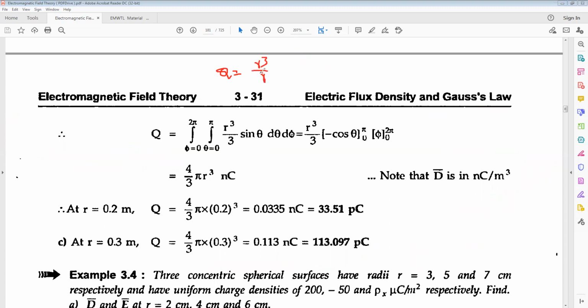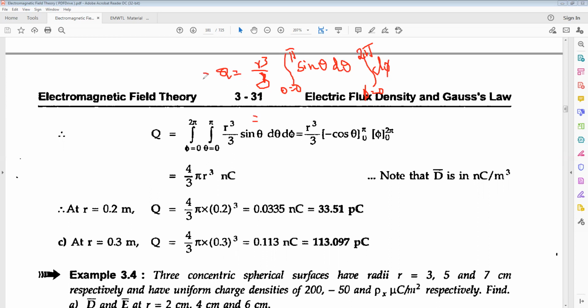You can write it outside because the integral values are theta from 0 to pi of sine theta d theta. Another integral we have is phi from 0 to 2 pi of d phi.